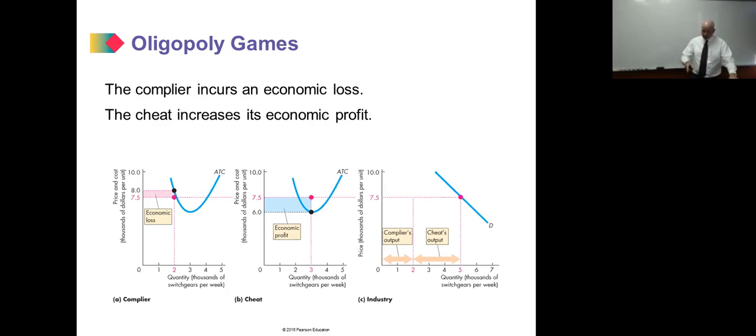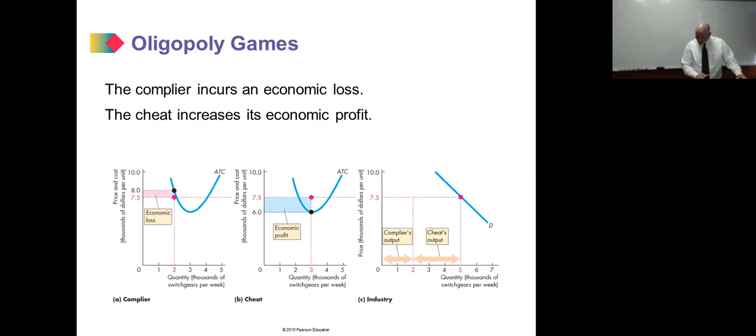Look at slide B. In B, we've got one complier and one cheater. The cheater increases output, look down on the horizontal axis, out to 3,000 units.